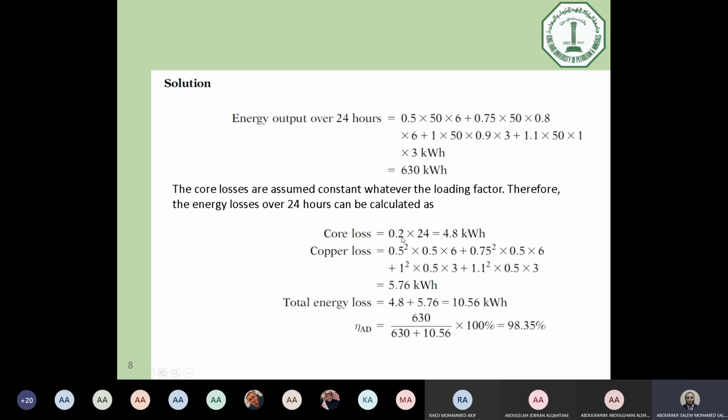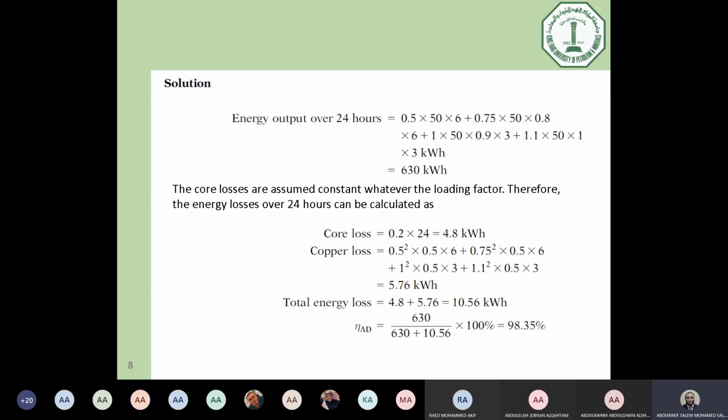So we can calculate the core loss as the power multiplied by 24 hours. Now this is the core loss or energy loss, 4.8 kilowatt hours. And similarly, we can calculate the copper loss for the different intervals as we made for the output power, where here we have x squared multiplied by the power multiplied by the time.